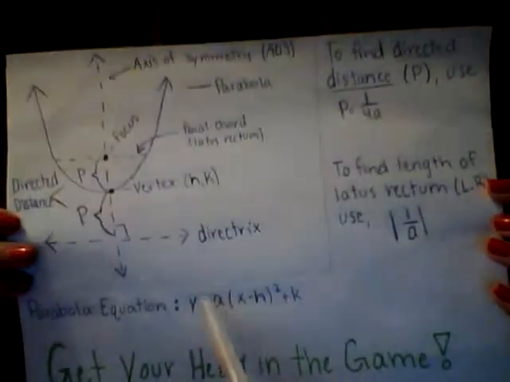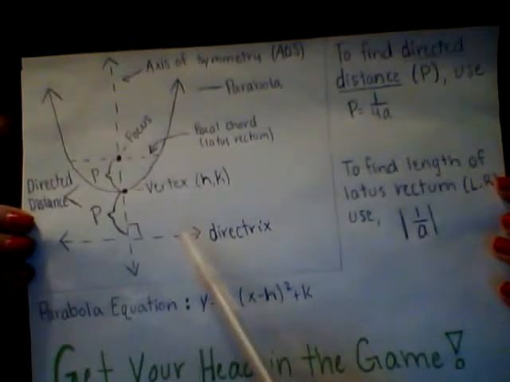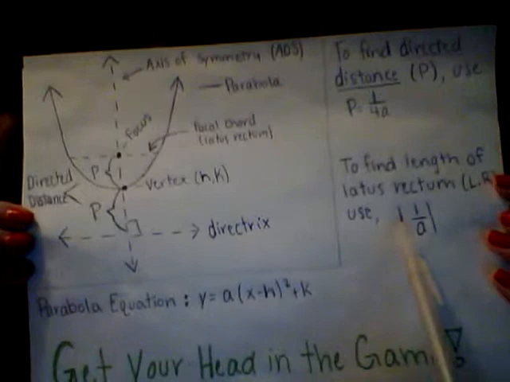And then to find the length of the latus rectum, you're going to use the absolute value of 1 over a. So you're going to refer back to the equation again for the a.